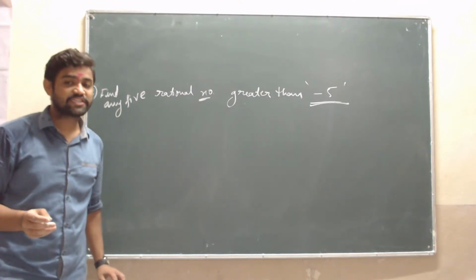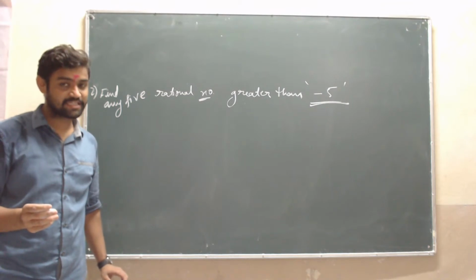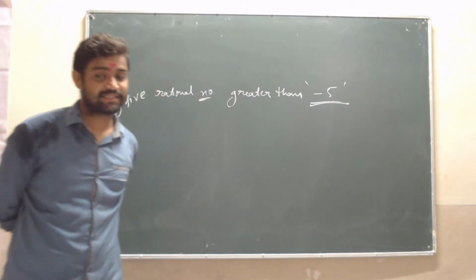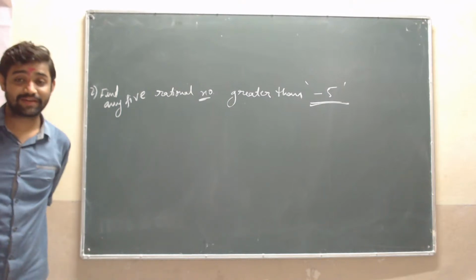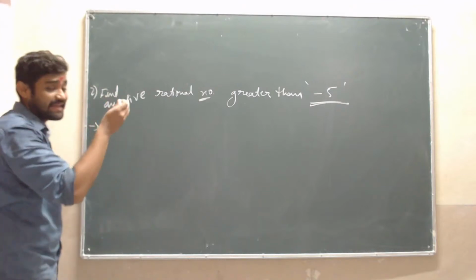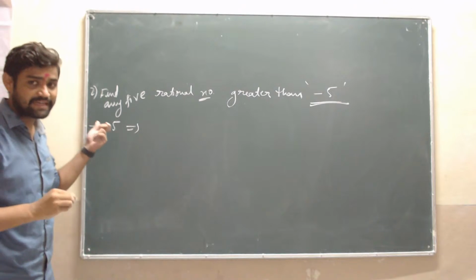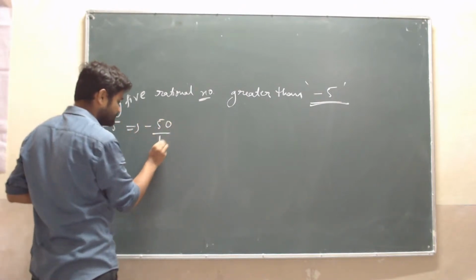See, Bharat Kumar, minus 4 is not a rational number. Yeah, minus 5 by 1 is a rational number. We have to find numbers that should be greater than minus 5. I will give you one hint: minus 5 can be written as, or it can be converted to, minus 50 by 10.